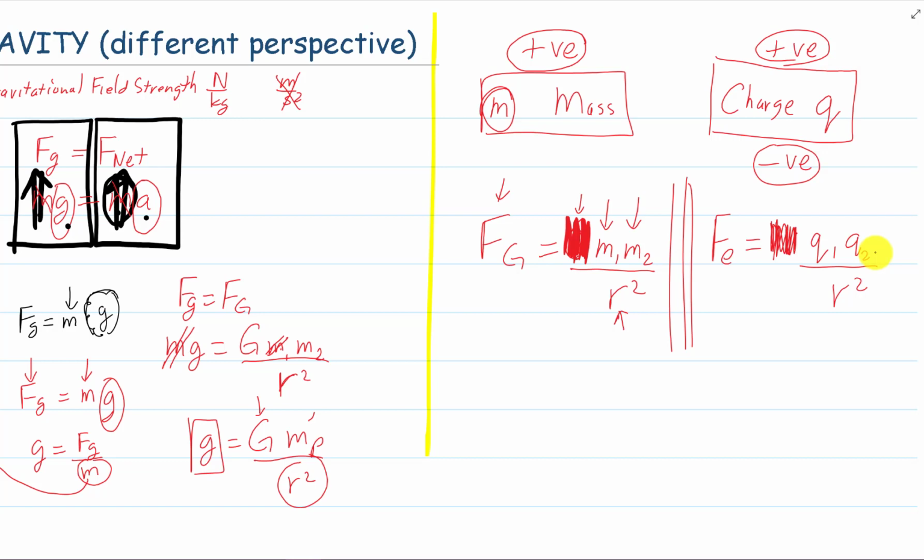Mass times mass divided by how far apart they are, or charge times charge divided by how far apart they are. These are two totally different realms of physics. One is gravity and mass, and the other one is charges and electrostatics. But the formulas look identical.